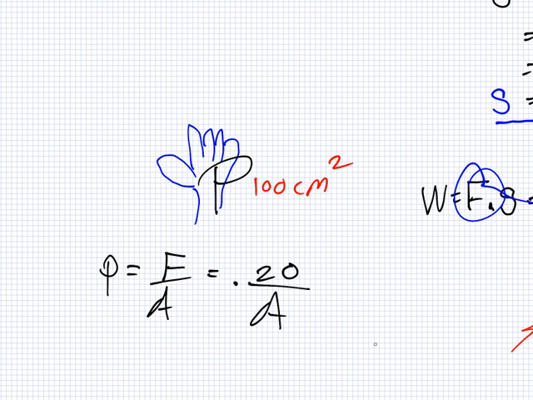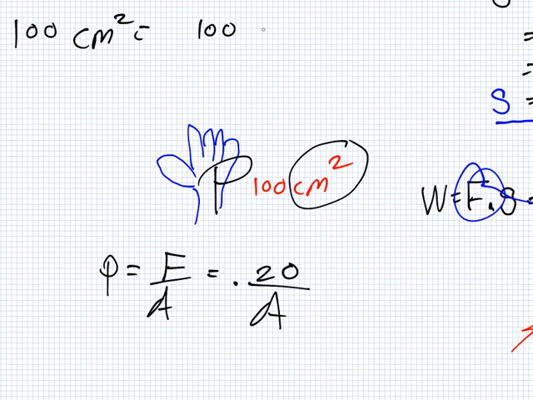Now, is the area 100? No, it's not, because that's centimeters squared. We need to convert it. 100 centimeters squared equals 1 times 10 to the minus 2 meters squared, which equals 0.01 meters squared.